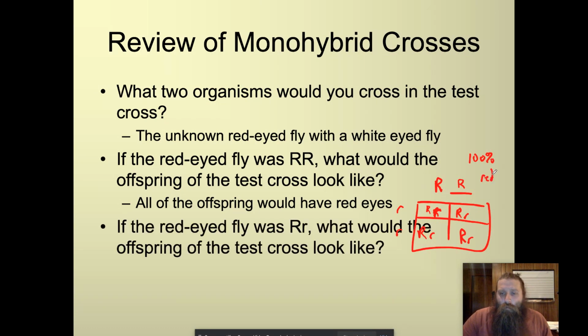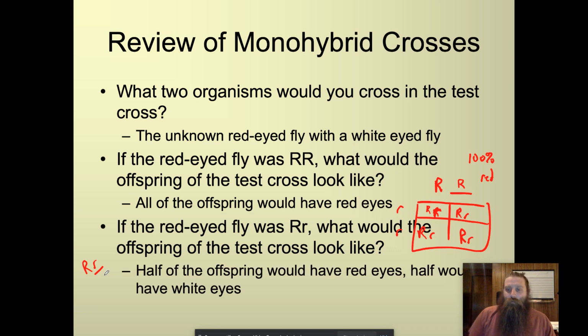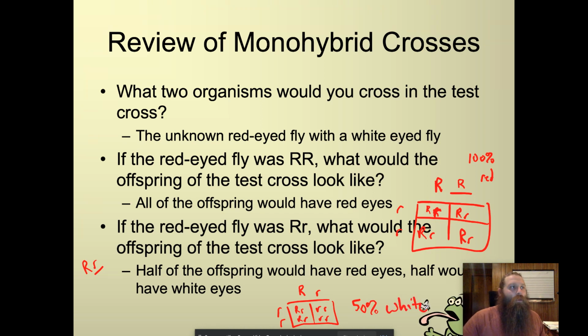If it was a hybrid, if our unknown was in fact big R, little r, then we would have a 50-50, because everything on this side is going to be big R, little r, but everything over here will be little r, little r. So we'd have 50% white. That's why we want to do our test cross.